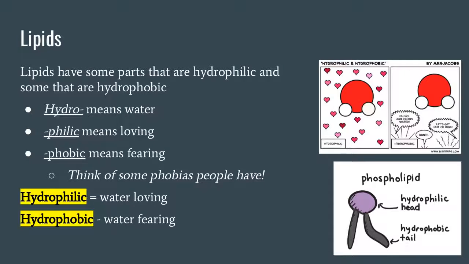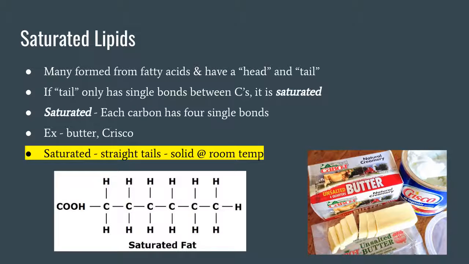As we talk about lipids, we're going to break them down into 2 general groups, which are the saturated lipids, or the saturated fats, and the unsaturated lipids. And you're going to notice that there's a pretty easy way of remembering these. So saturated lipids, many are formed from fatty acids and have a head and a tail.